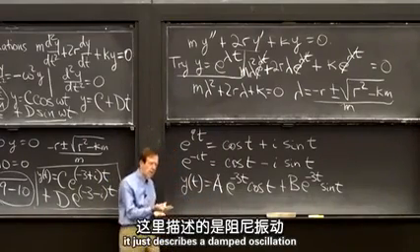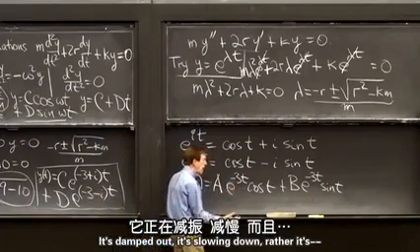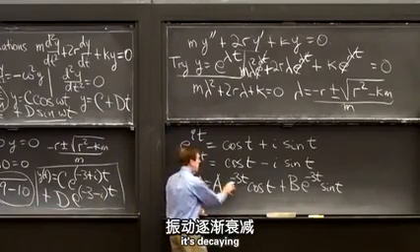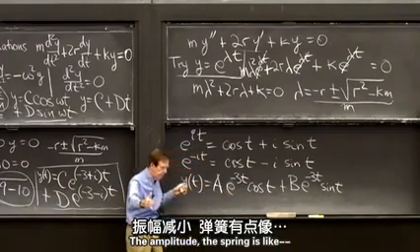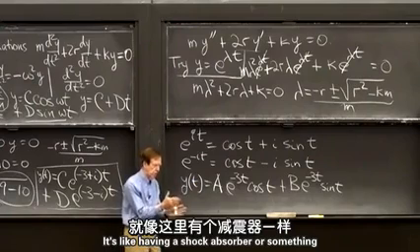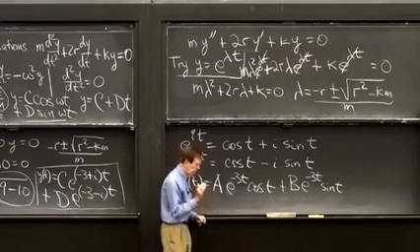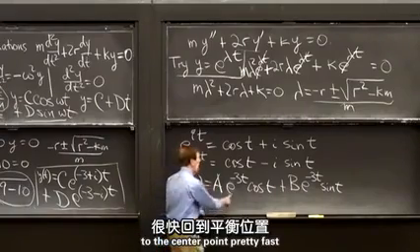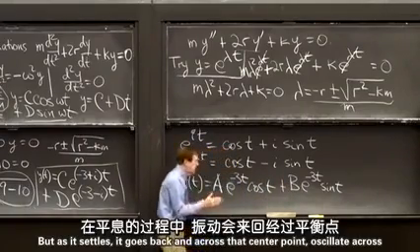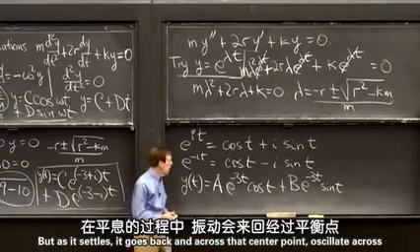It describes a damped oscillation. It's decaying, the amplitude is. It's like having a shock absorber or something. It's settling down to the center point pretty fast, but as it settles, it goes back across that center point, oscillates across.